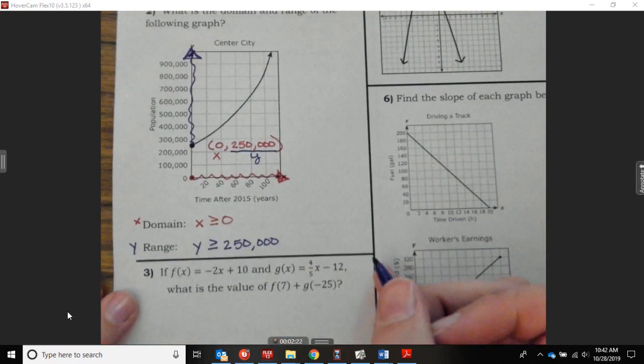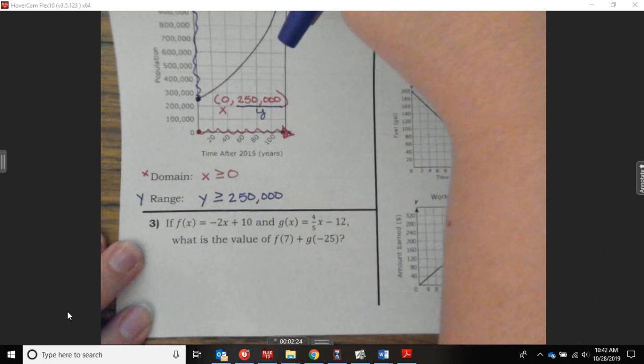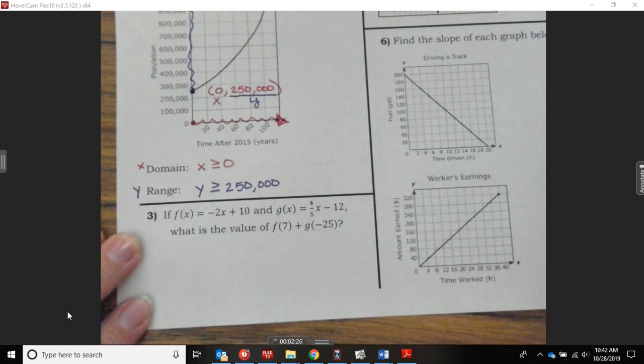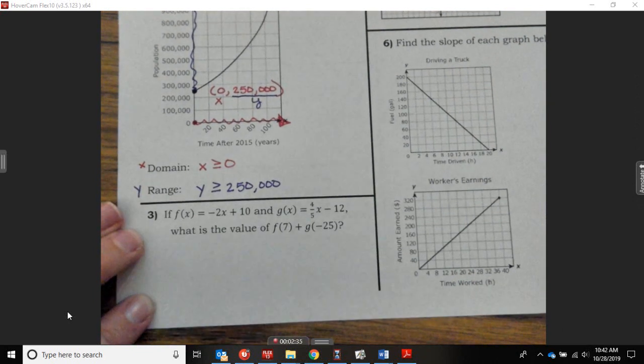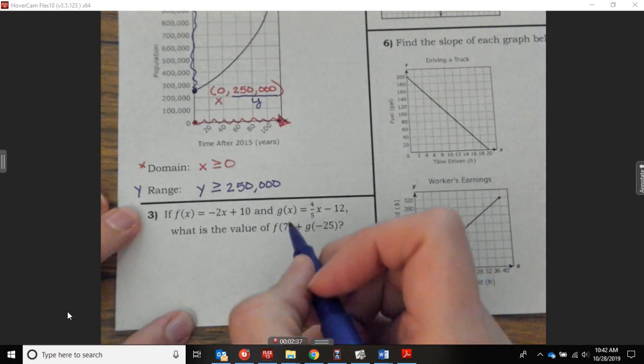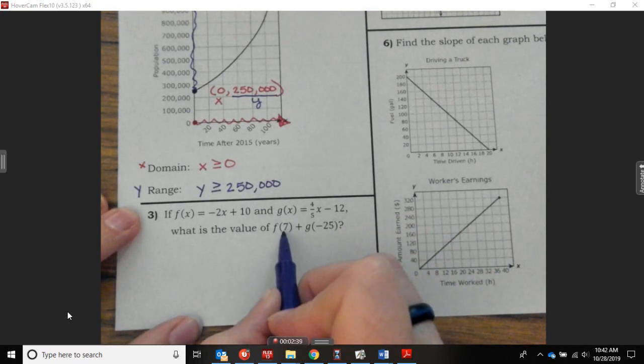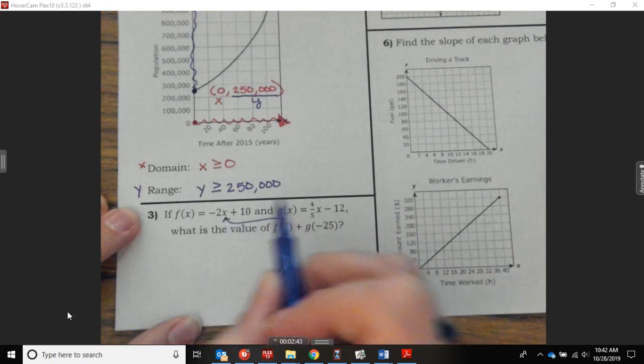Okay. Number 3, if f(x) = 2x + 10 and g(x) = 4/5 x - 12, what is the value of f(7) + g(-25)? And if you recall, whenever we have something inside, that's your x value, so we're just plugging it in for x.